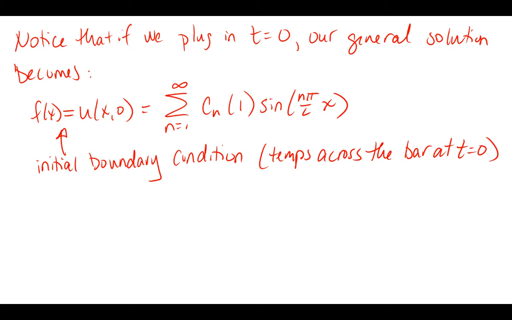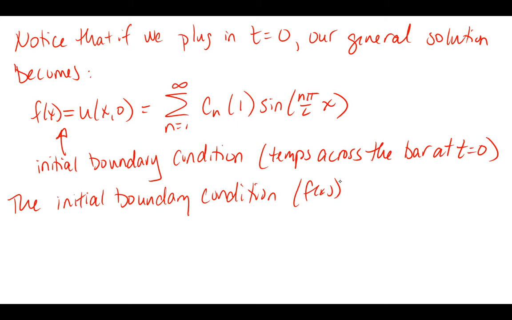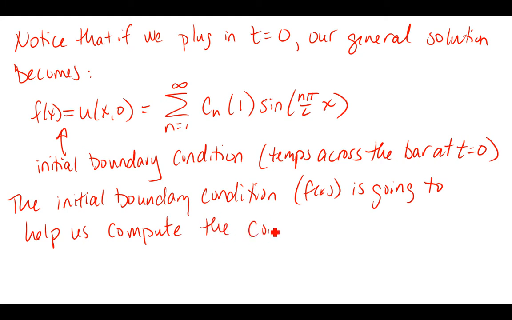So what this is saying, I'll just write this in words here, is that the initial boundary conditions, which we've been denoting in our problems little f of x, are going to help us, not just help us, it will do it for us, but I'll say help us compute the constants, which are these Cn's.